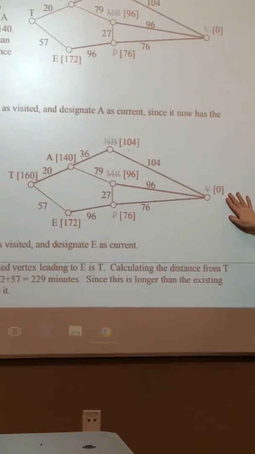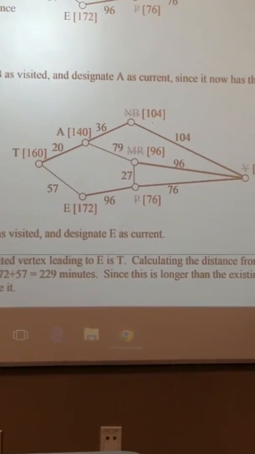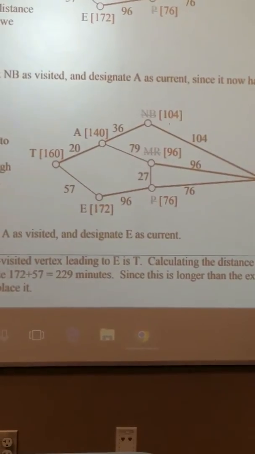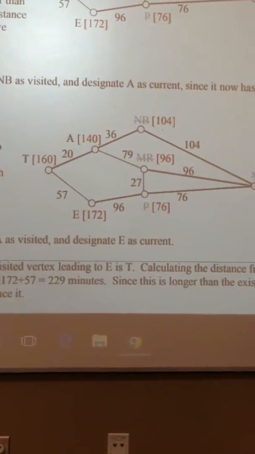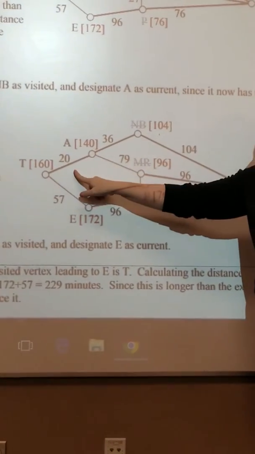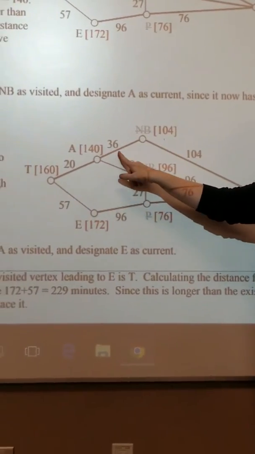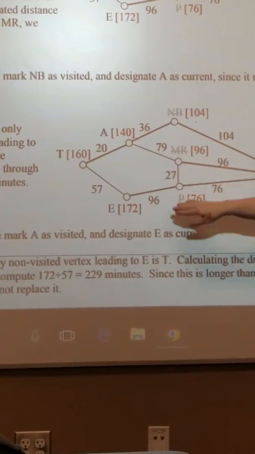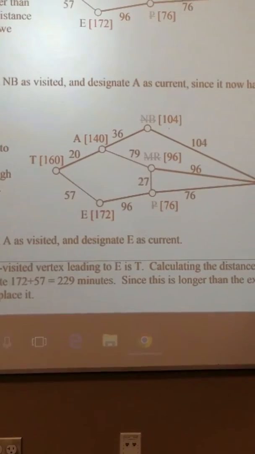Step 2, number 5. Are we almost done? I don't know. T is the only non-visited vertex leading to A. So we calculate the distance from T to Y through A is 20 plus 140 is 160 minutes. We mark A as visited and we designate E as current. Okay?